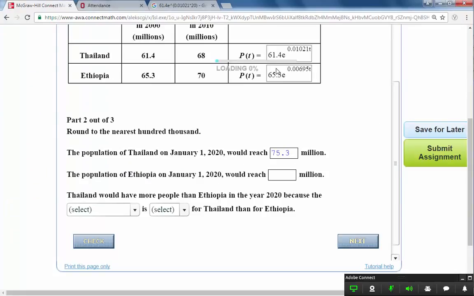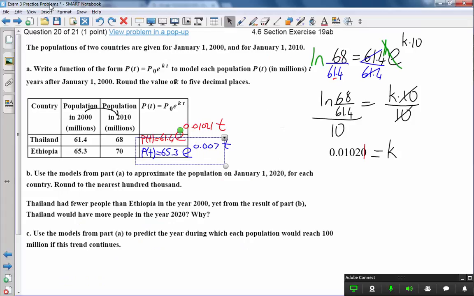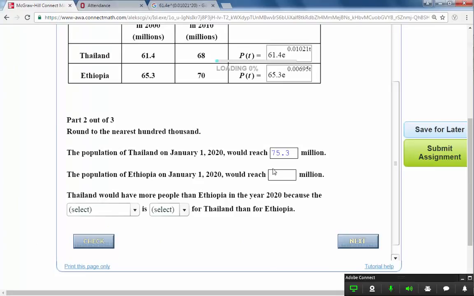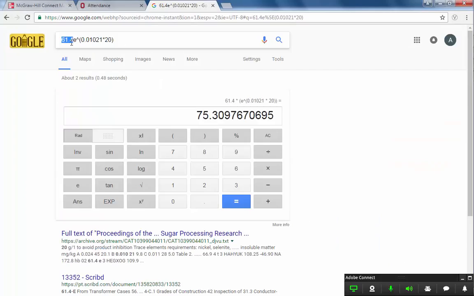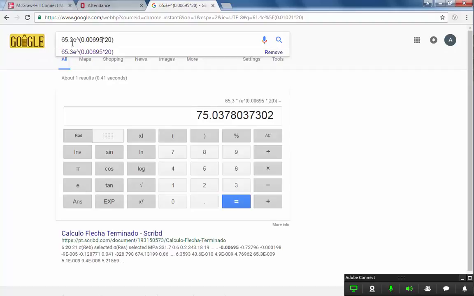So the next one is Ethiopia, and I need to flip this into, do you have the number? You still want me to do it, huh? 65.3, because I don't trust myself. This is 695, right? 75 even, because 0 is rounded down.